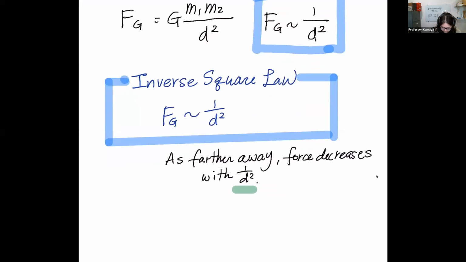For example, if you have twice the distance, the force decreases, sorry, twice the distance, force is 1/4 weaker.